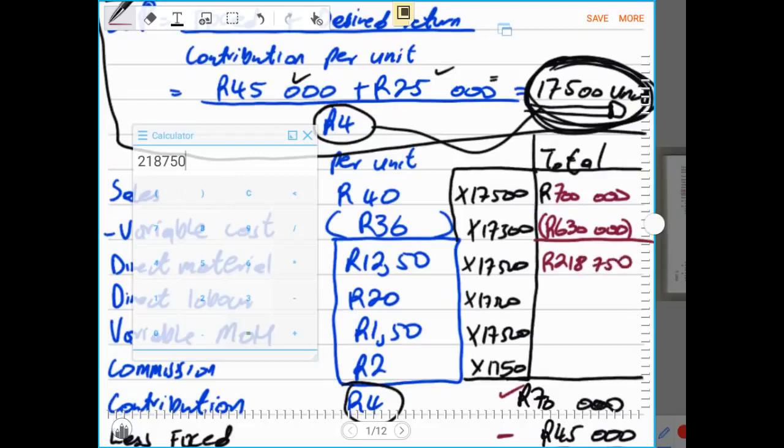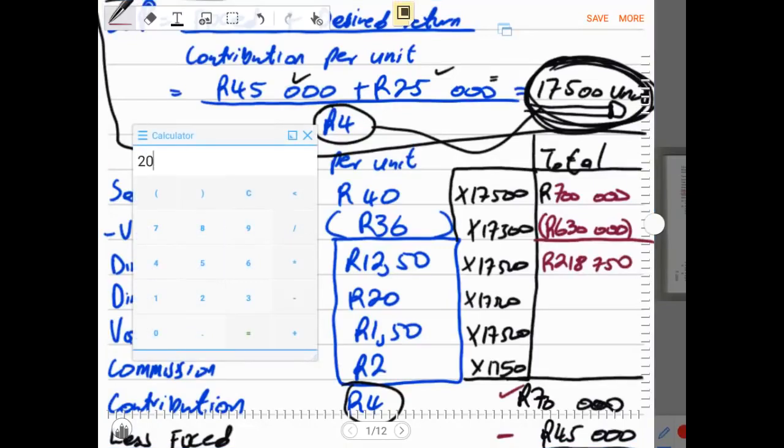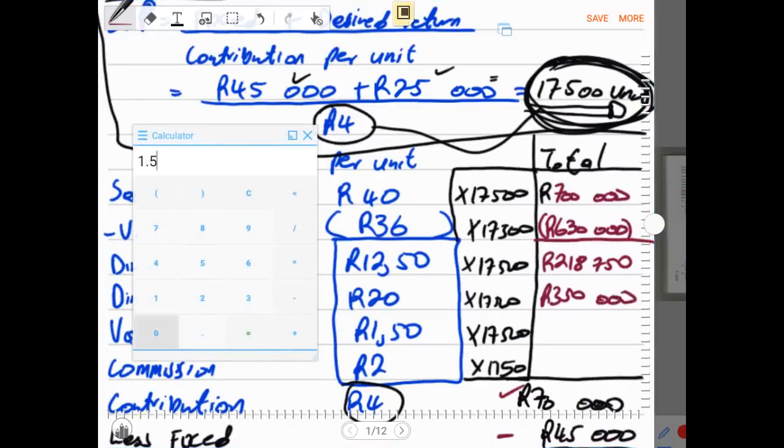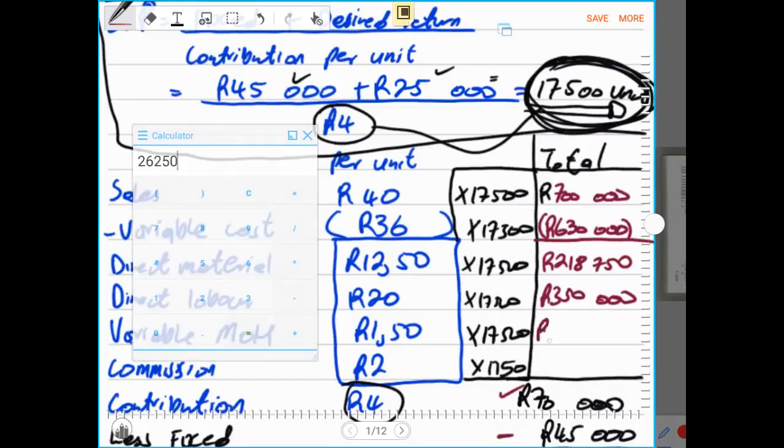218,750 rands. Then we have 20 rand of the labor, times this by 17,500, and this gives us 350,000 rands. Then after we have 1 rand 50 cents of the variable overheads, times by 17,500, and this gives us a total of 26,250.